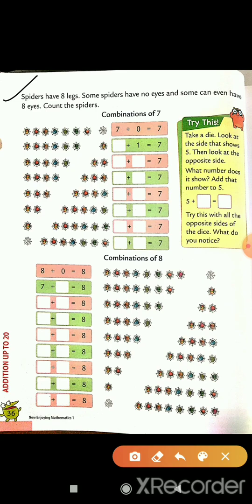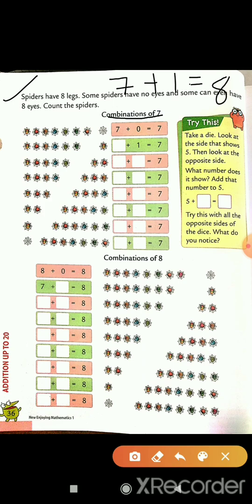Some spiders have no eyes and some can even have 8 eyes. We have to count the spiders here. Combinations of 7. How many combinations will 7 have? 7 will have 7 plus 1 combinations, that is 8 combinations. The total number of combinations that 7 will have is 8.